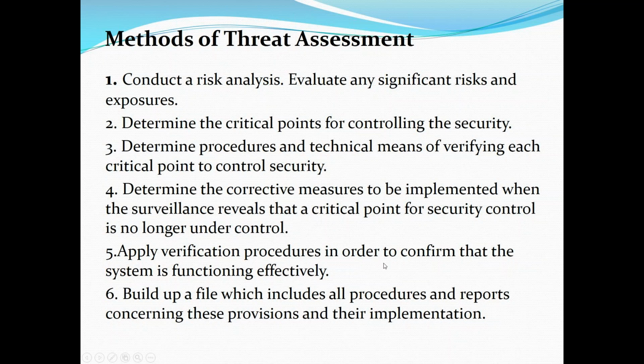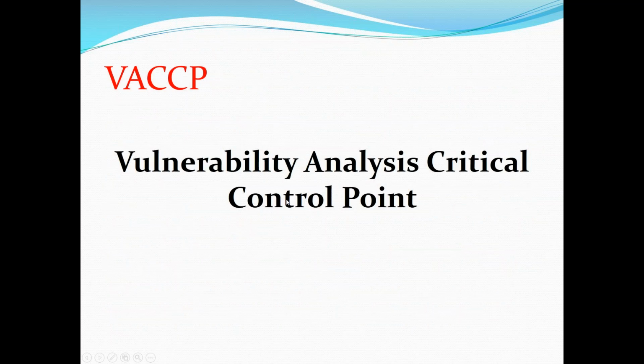So monitoring and then verifying. Somebody has to verify that the system is working effectively. And the last step is basically building up a file which includes all procedures and reports related to threat assessment. So these are the 6 steps of TACCP.